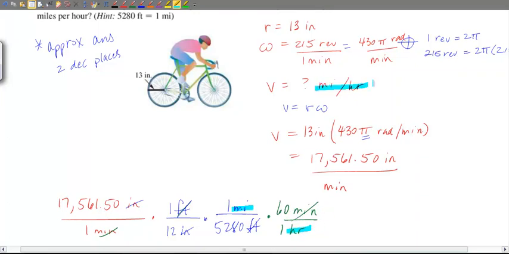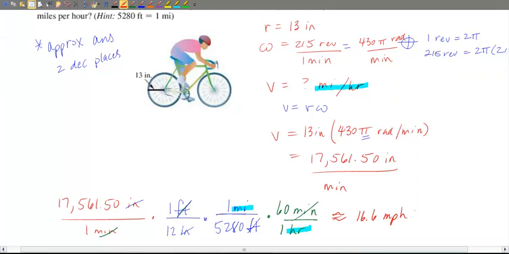So as long as I go back and double check that my units are in the right position, miles in the numerator, hours in the denominator, now I'm ready to go ahead and multiply straight across and divide by the product of the denominator. So we do that and we get approximately 16.6 miles per hour. That's how fast the bicycle is traveling.